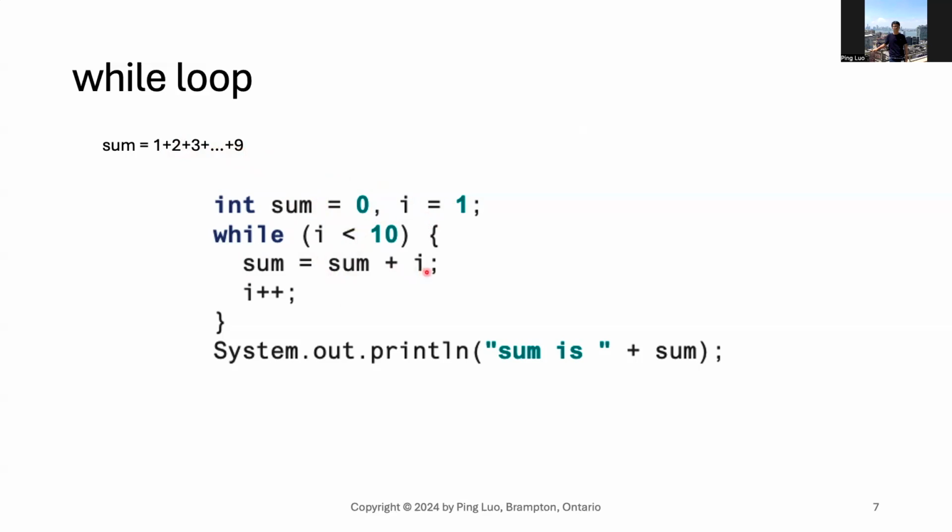So we can add i to sum each time, and also increase i after the statement. Since i is less than 10, when i reaches 10, which is larger than 9, the program will stop and output the statement after that, the sum of all these 9 numbers.